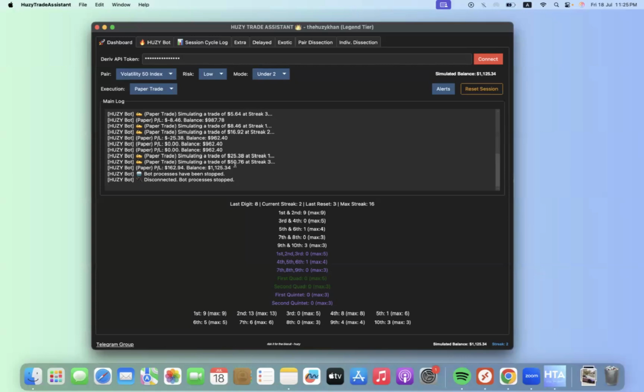But the second time, two trades executed, 25 executed at one, and this one at three, and a total risk of, we're going to see that it made a profit of 162. Okay, and subtracting all the previous losses, we made a total of $125, just like that.